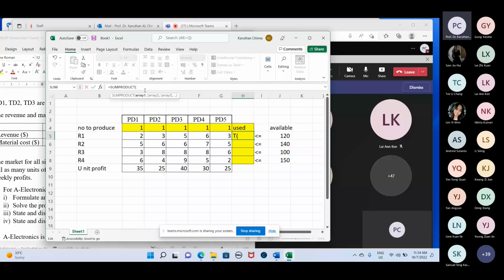The SUMPRODUCT of all this, Fn and F4, comma. The first cell, these are the units required for each product, close bracket, and enter. One is 19. And pull down all the way there, so you don't have to do it one by one.